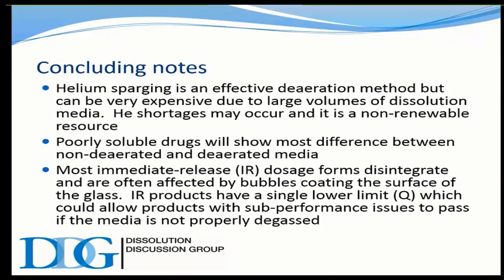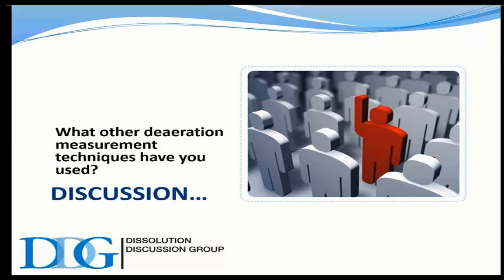Our job as analysts, I often say, is not to get product out the door. It's more to catch the products that should not get out the door. It should not be released to public. So it's our responsibility not to help a drug pass. The idea is to be able to police it and ensure that we are retaining the ones that do not meet specifications. So this only comes about by removing that interference that dissolved gases provide.